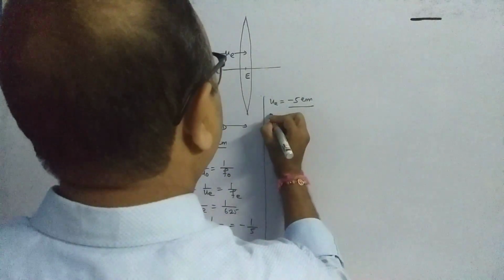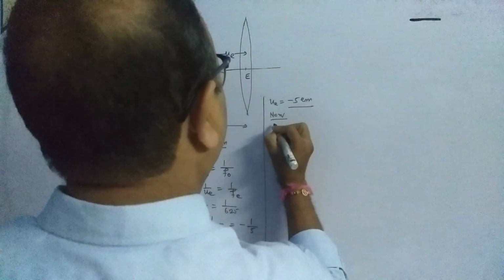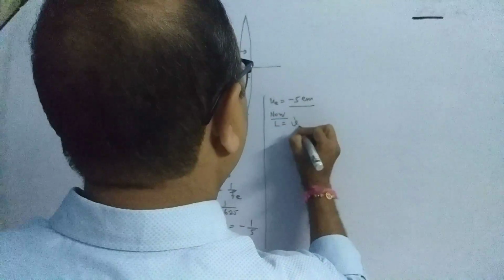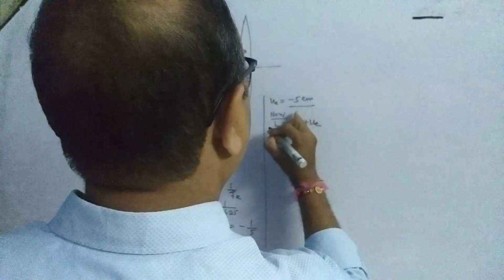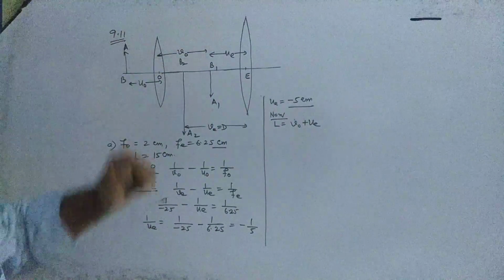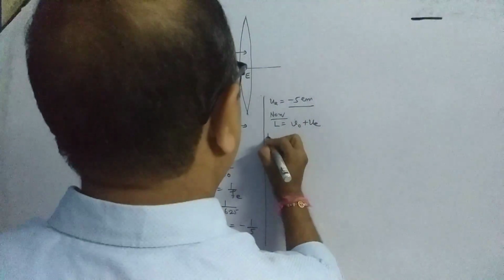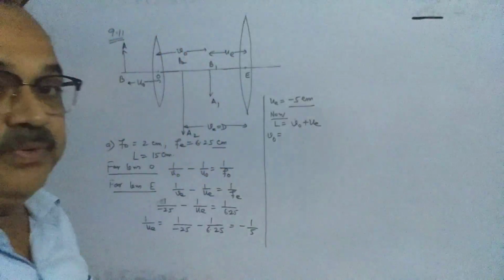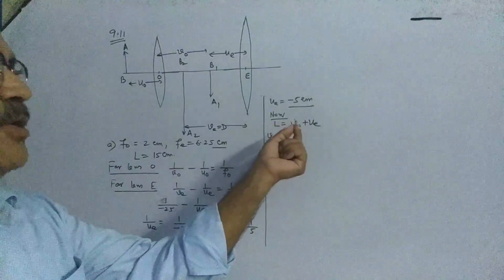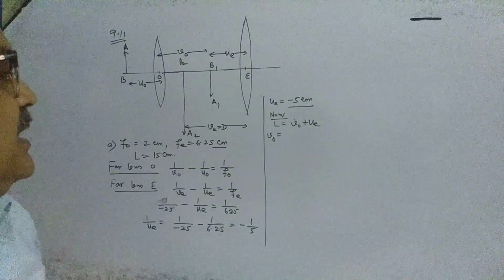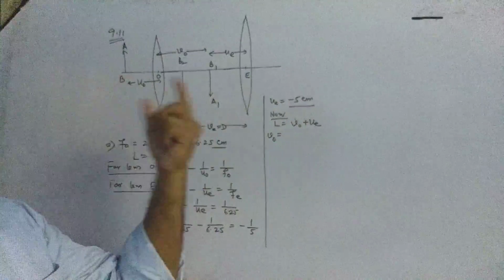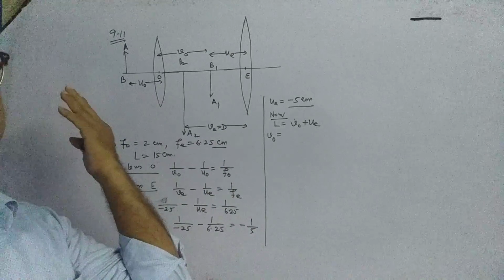Now what is L? From the figure, L is equal to VO plus UE. Very clearly you can see VO plus UE. Obviously we don't put the sign because we are taking only the magnitude; the sign only shows that it is on the left side of the lens.